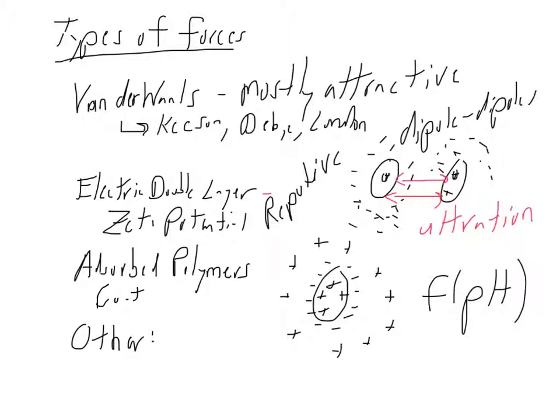They can be very long ones, and they can actually connect two particles to another, and those are also important in any system that has a polymer dissolved in it as well as the particles. Other forces that exist include things like static charges, depletion interactions, hydration forces, hydrophobic forces, etc.